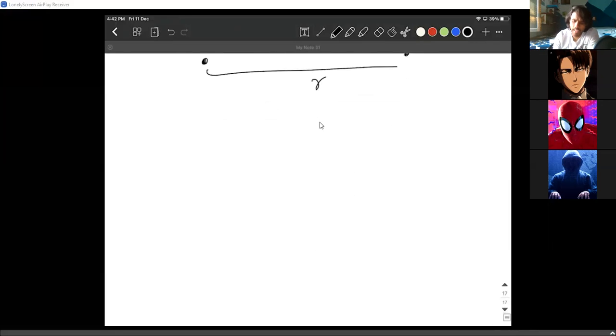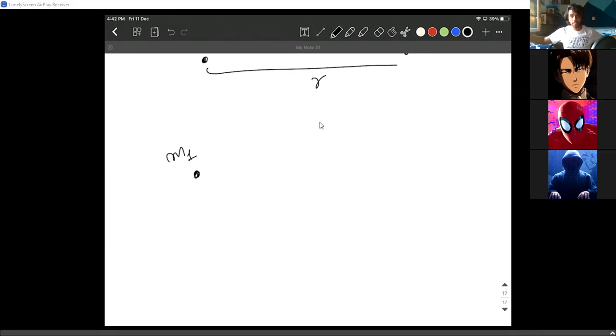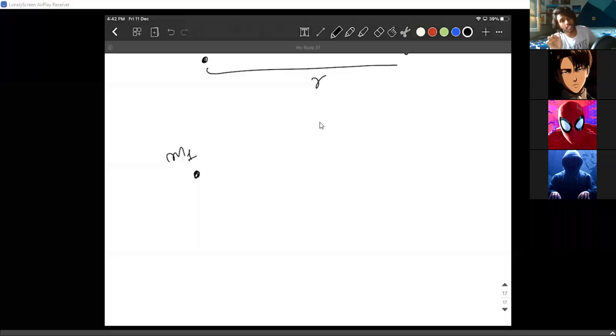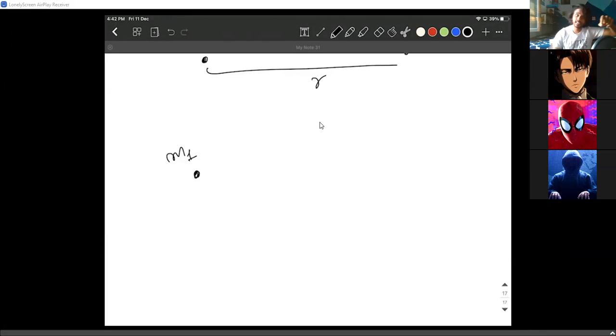As if I imagine that M1 is already there. We can imagine different ways. We can imagine both the masses are brought here, but that is a complicated way to do it. I can imagine one mass is already here and the other mass is brought here, or the second mass is here and the first mass is brought in. I can imagine anywhere because it's just a frame of reference.